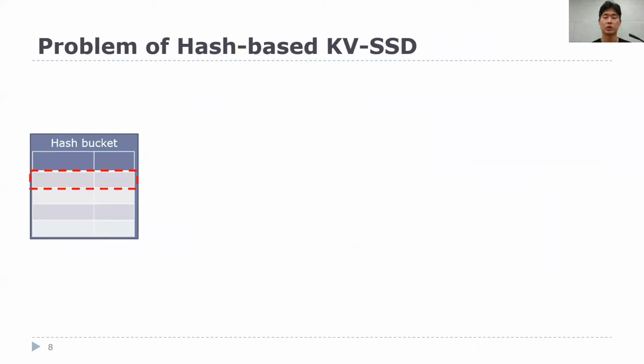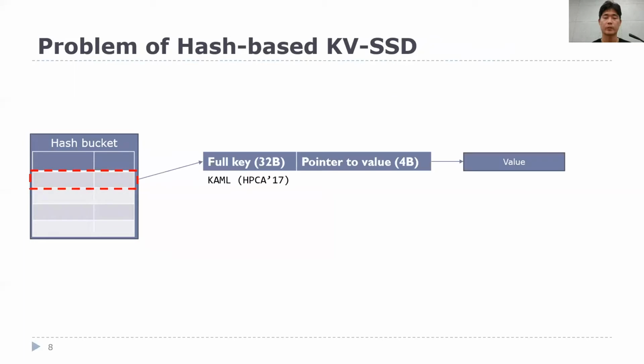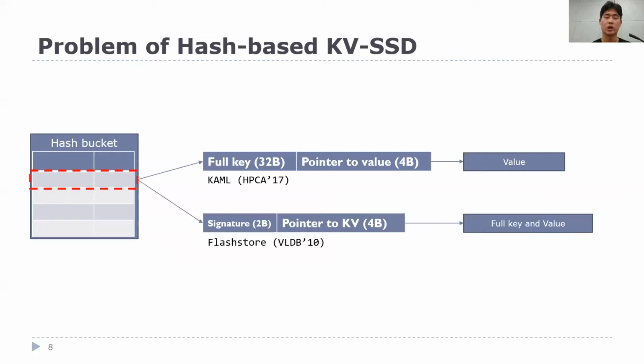To figure out the cause, we took a deeper look at the hash algorithm of the hash-based KV-SSD. In the hash algorithm, there are two ways of constituting the hash buckets. One way is to populate an entry with a full key and a pointer to the value. The other way is to use an entry with the signature of the full key and a pointer to the key value pair.